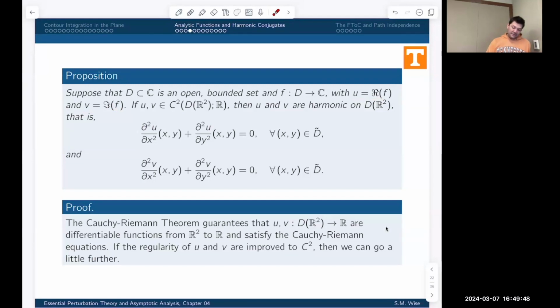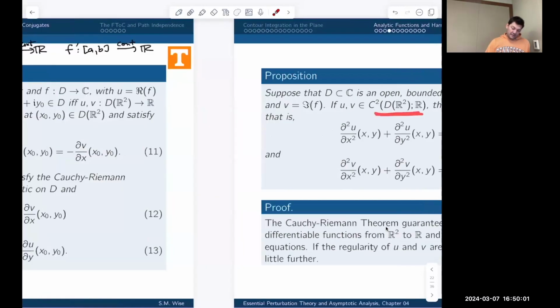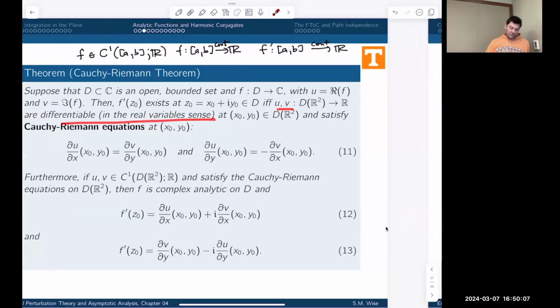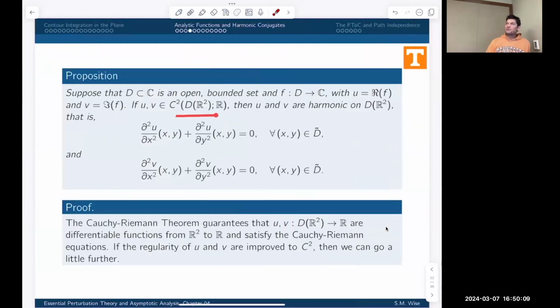Now, why is F itself an analytic function? Well, that's because U and V are very smooth functions. If you go back to the theorem, if U and V are differentiable in the real variable sense, well, we have much more than differentiable. We have that they're C2, which means the first derivative exists, the second derivative exists, and both are continuous functions.